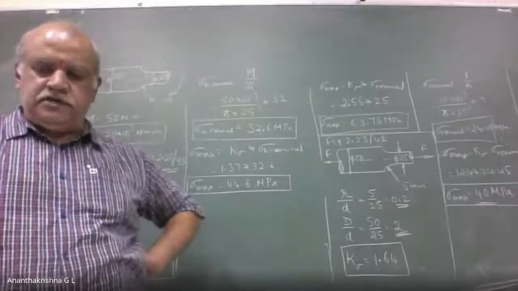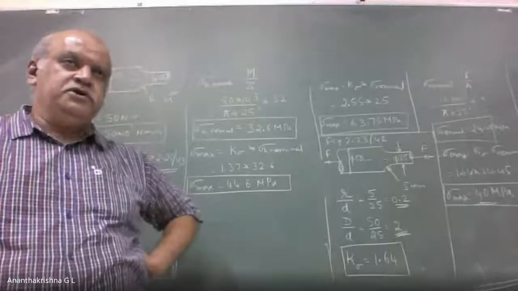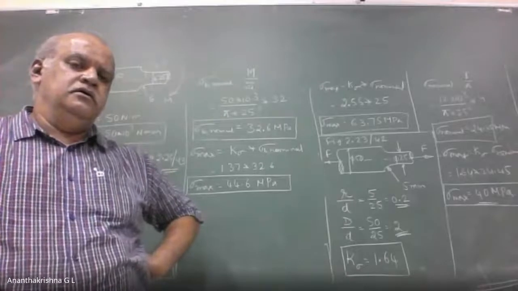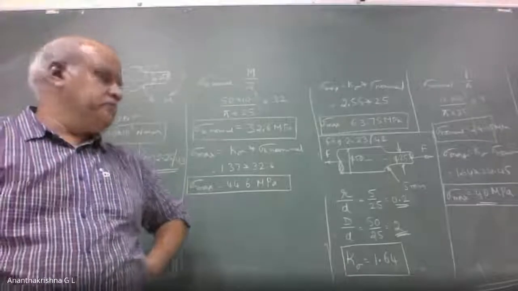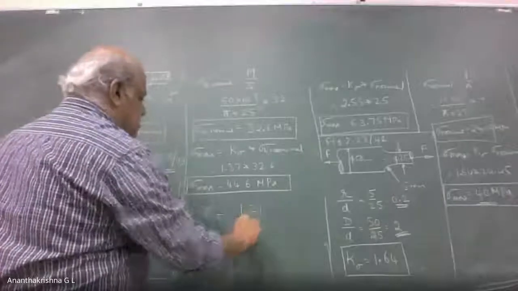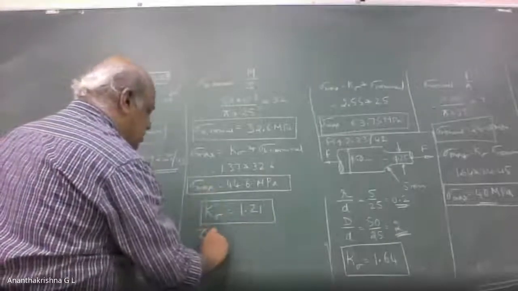What is the value of stress concentration factor for a stepped shaft under torsional moment? 1.21. Yeah, very good. So 1.21 is the value of K sigma.